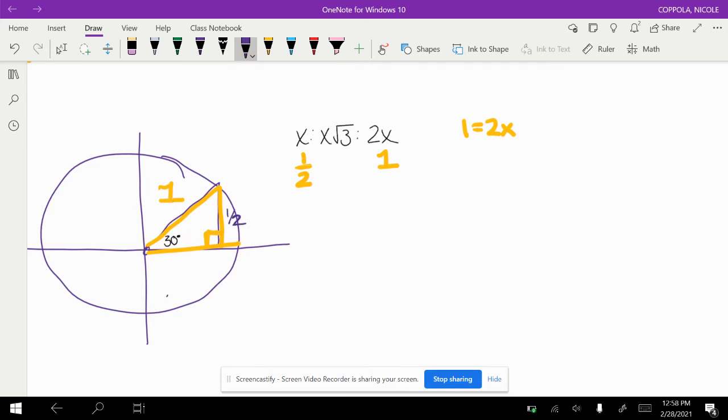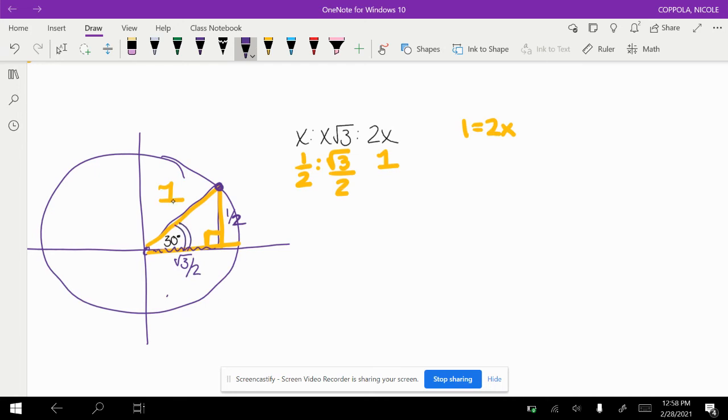Now I have to get the side opposite the 60, which would be here. To get that, I would just do the x length and multiply it by rad 3. So that would be 1/2 times rad 3, or rad 3 over 2. So this length would be rad 3 over 2. Cool.